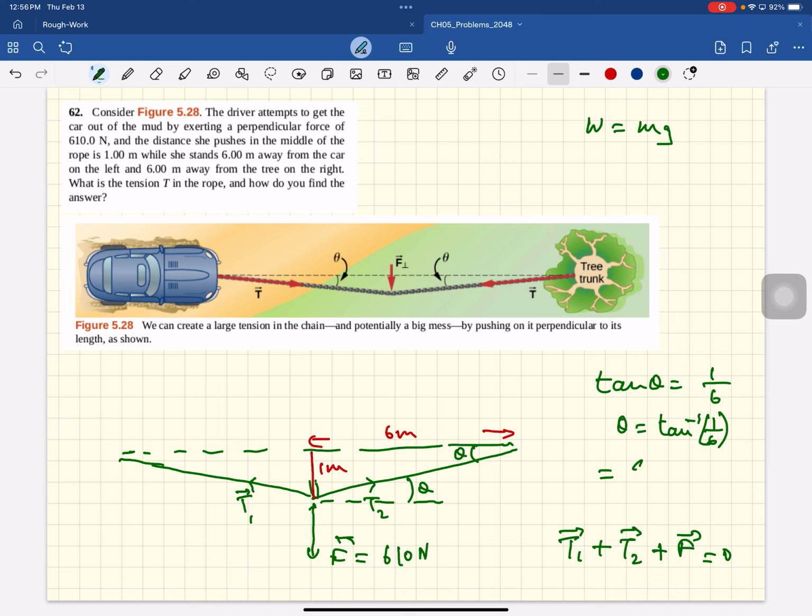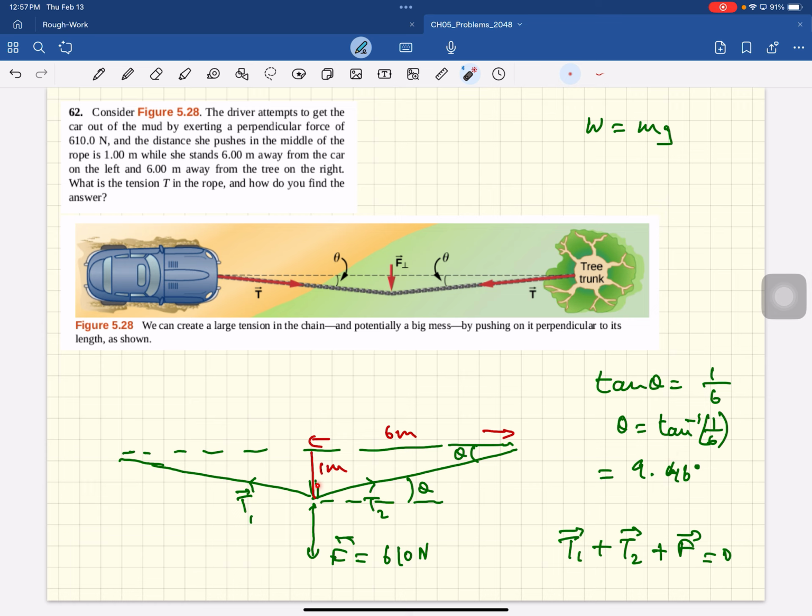This works out to 9.46 degrees. So now the Y component of this force is tension times sine of that angle.